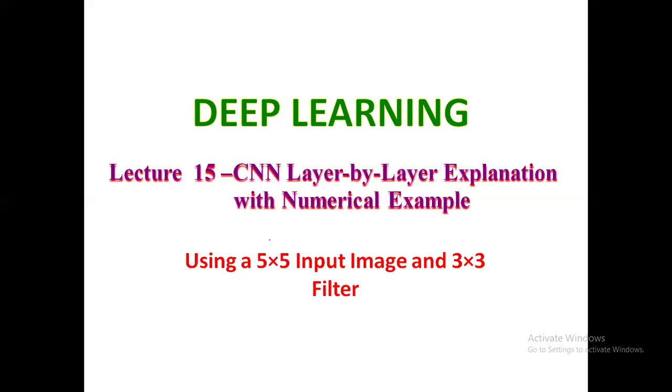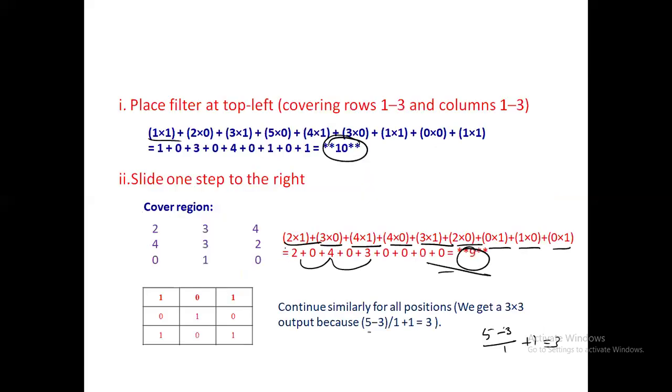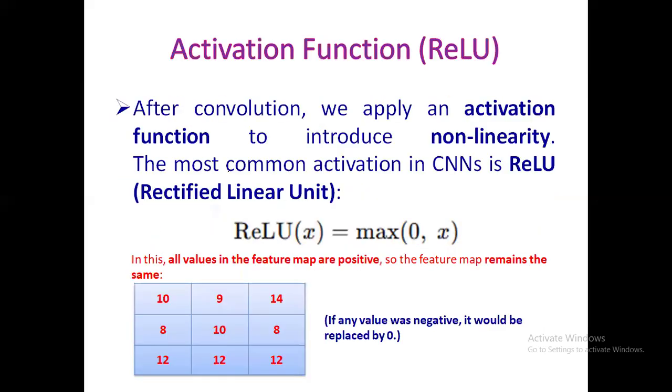Activation function. After doing all those things, here we have to apply the activation function. In this example, I have taken the ReLU activation function. After doing convolution, we apply the activation function to introduce non-linearity. The most common activation function we use in CNNs, convolutional neural networks, is ReLU, the rectified linear unit.